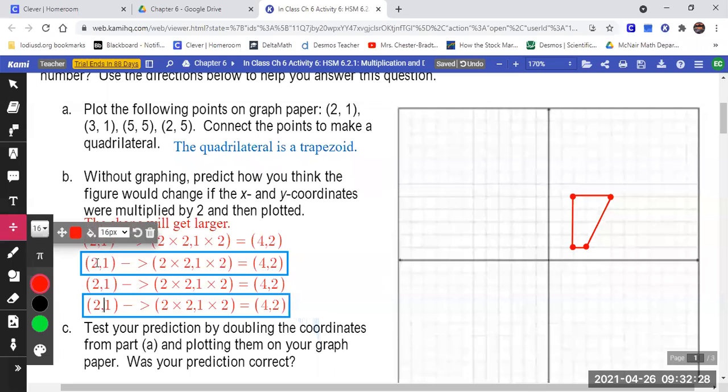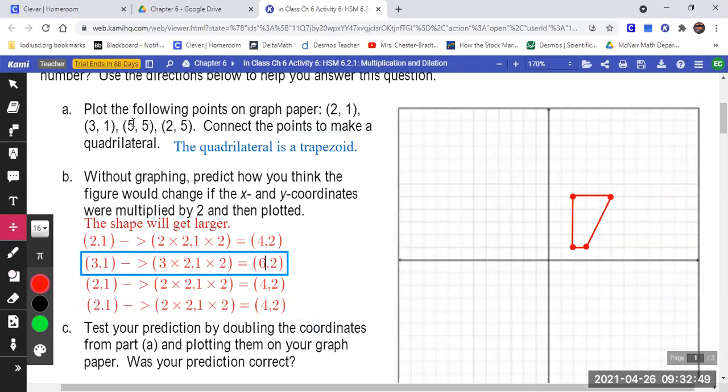So my second one in part A was a 3, 1. So that means 2 times 3 and 1 times 2. So what's that one going to be? 6 times 2. My next one was 5, 5.